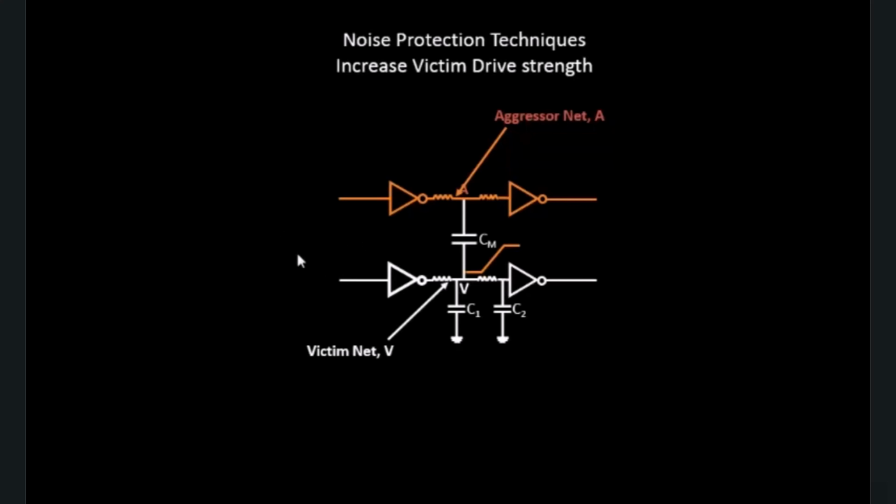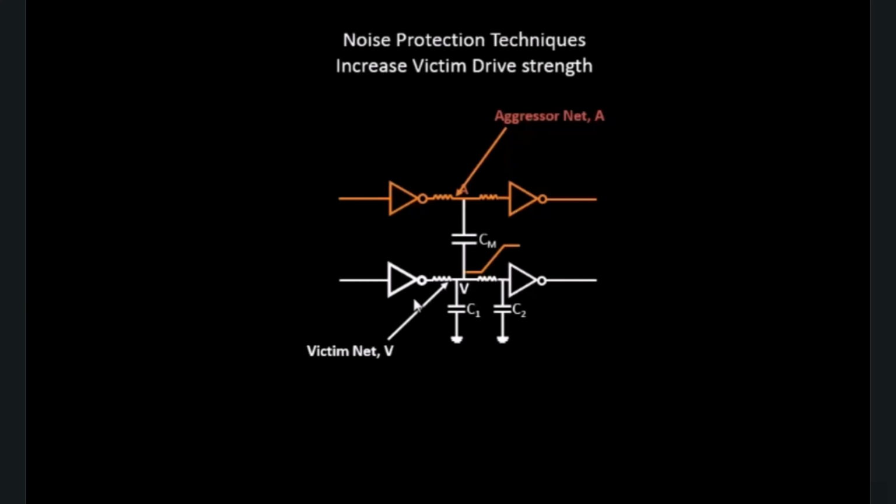Sorry, resistance is inversely proportional to area. As you increase your area, your resistance reduces, and if your resistance reduces, you see an improvement in the slew. So previously if it was like this, now it will be like this.